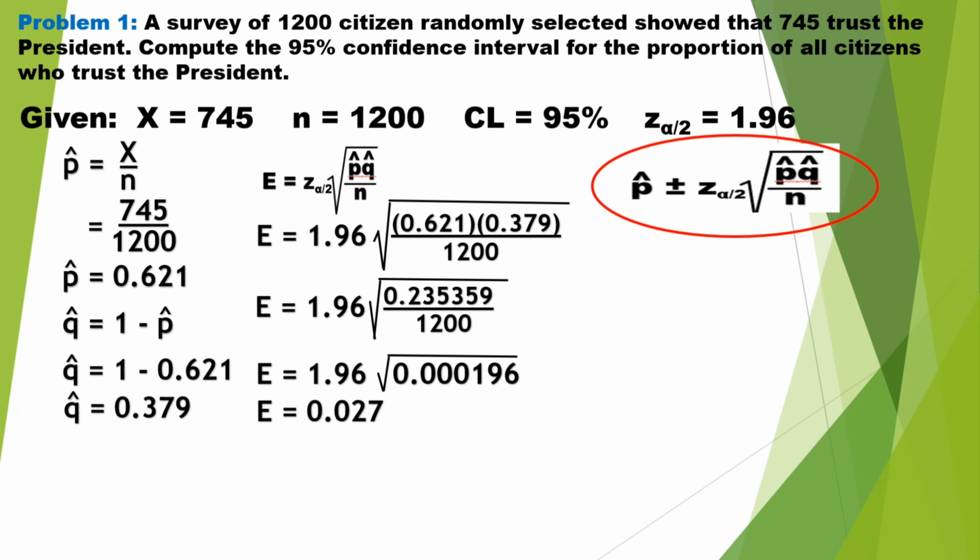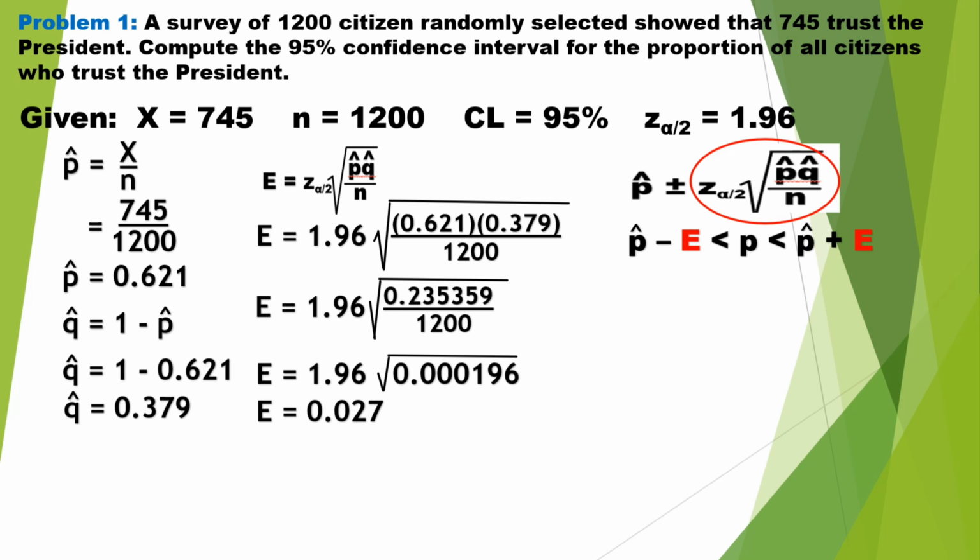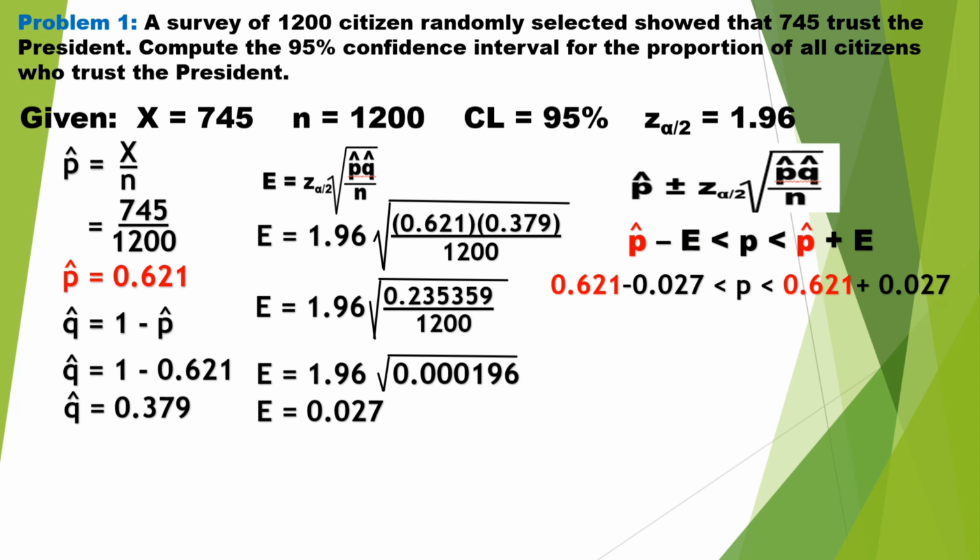On the formula, it means that the margin of error will be subtracted to the left side and to be added to the right side of the proportion expression to determine the interval estimates. To continue, substitute the value of P hat which is equivalent to 0.621 to both sides of the population expression and subtract the margin of error 0.027 to the left and add it to the right.